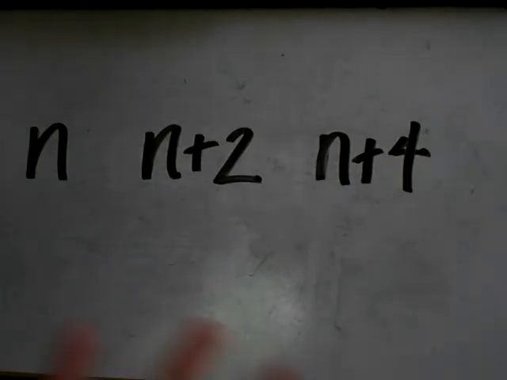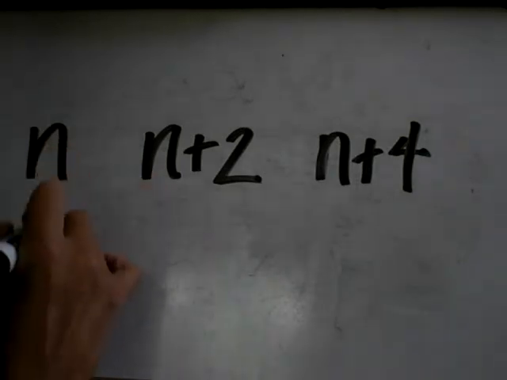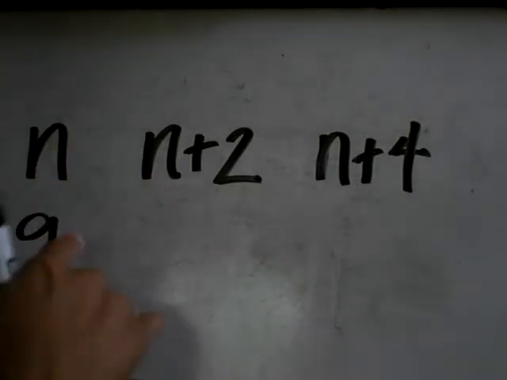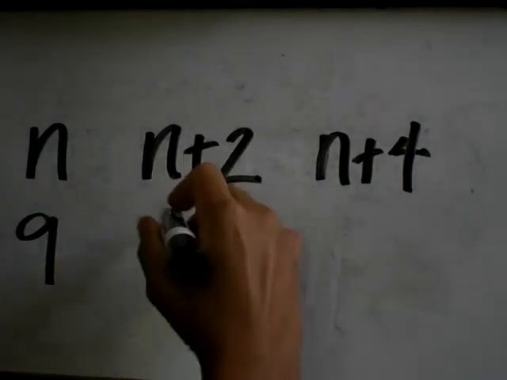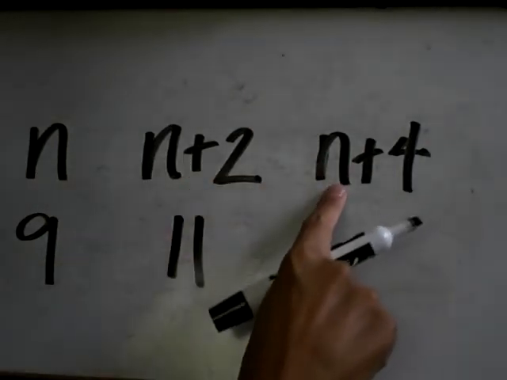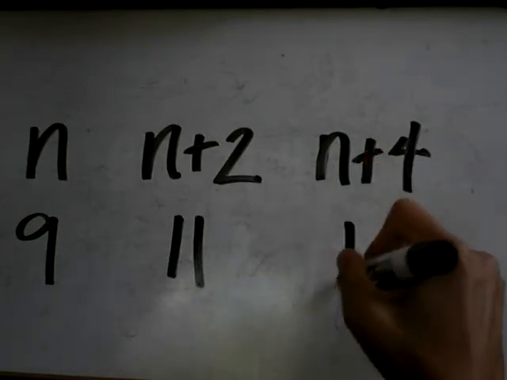You can test it out and see if it's true. Pick an odd number, maybe 9. n plus 2, so 9 plus 2, that's 11. 9 plus 4, that's 13.